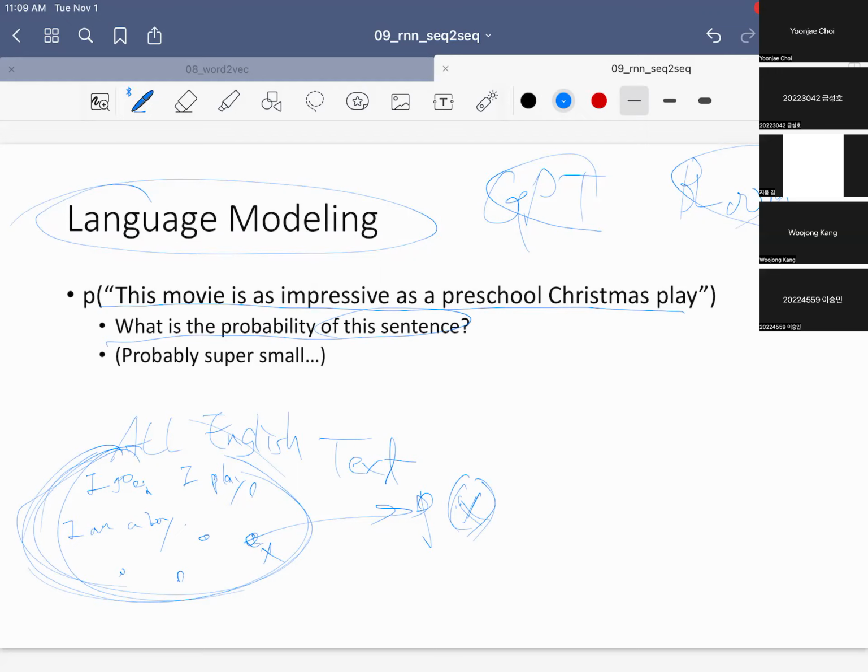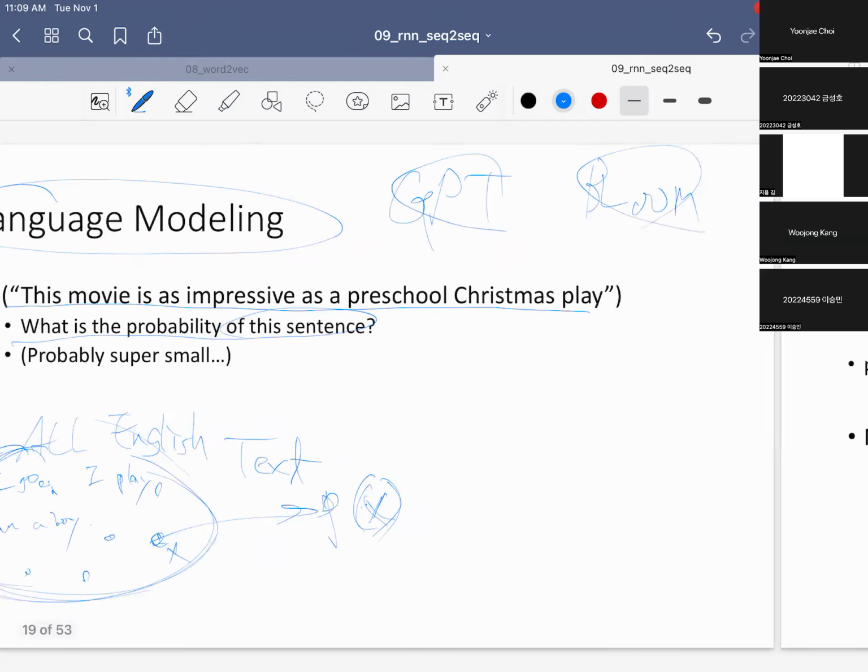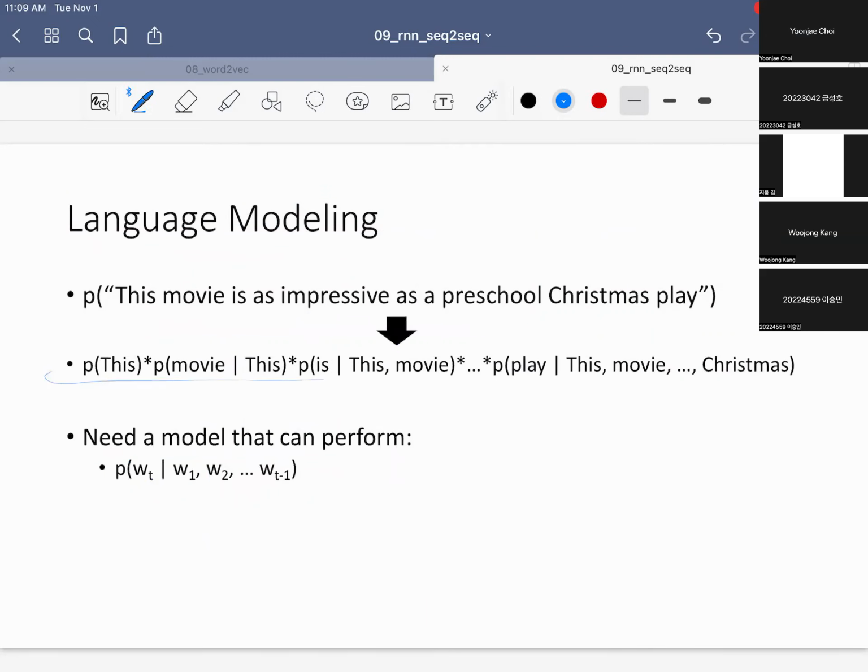And you can factorize it into this form here. Because joint probability of the sentence would be extremely difficult to quantify, you break it down into a factorized form like this: probability of "this," then probability of "movie" given "this," probability of "is" given "this movie," all the way to the last one, probability of "play" given "this movie ... Christmas," all words previous to the current one.